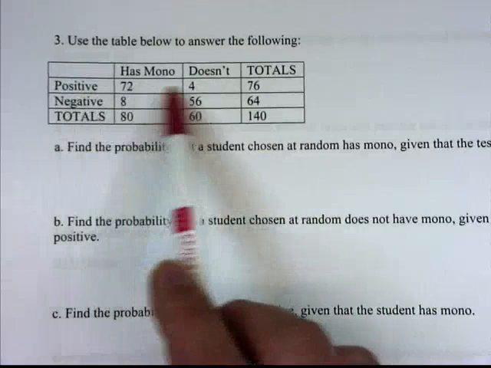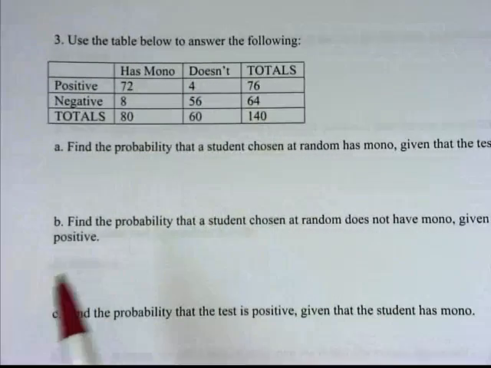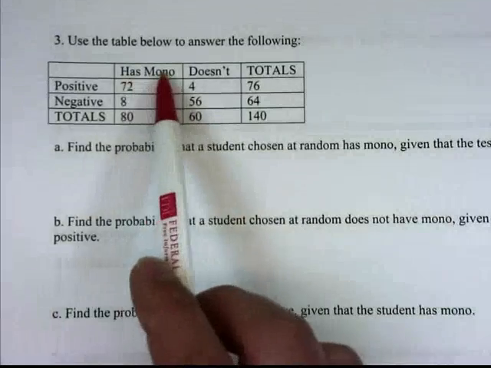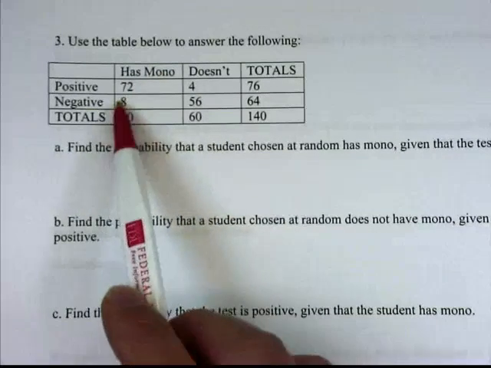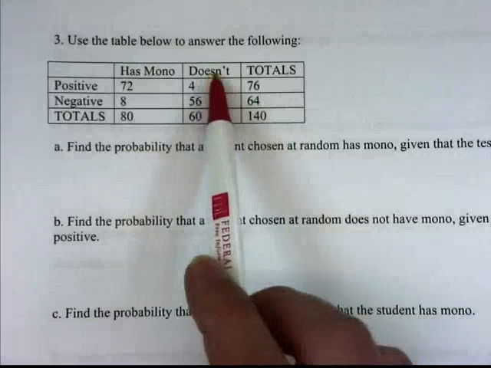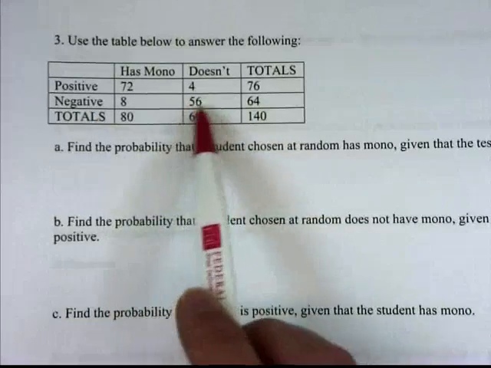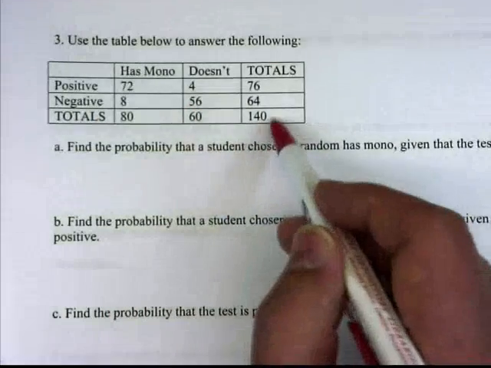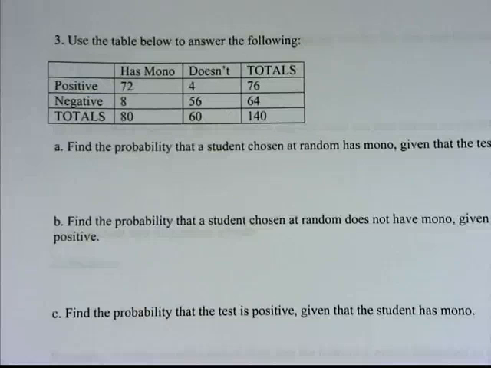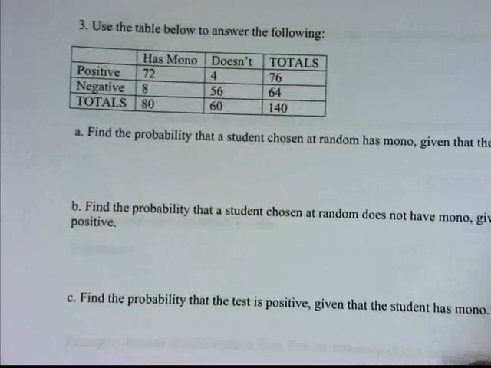If you don't have mono but you get a positive test, that happens 4 out of 140 times. If you have mono but the test comes back negative, that happens 8 times. And if you don't have mono and it comes back negative, that happened 56 times. So you did 140 tests of people. Some had mono, some didn't. You had some positives and some negatives. And here's what we're working from.